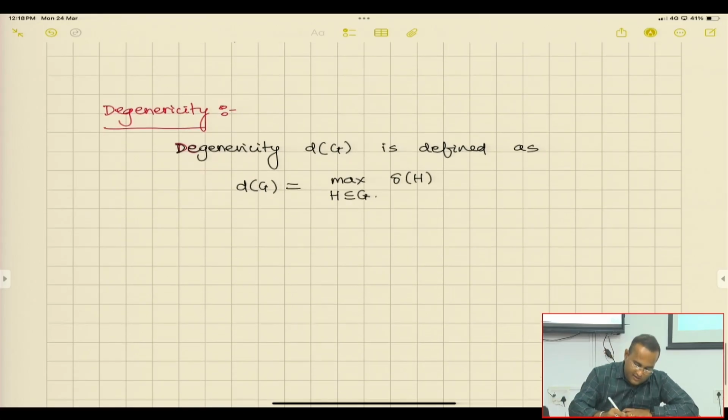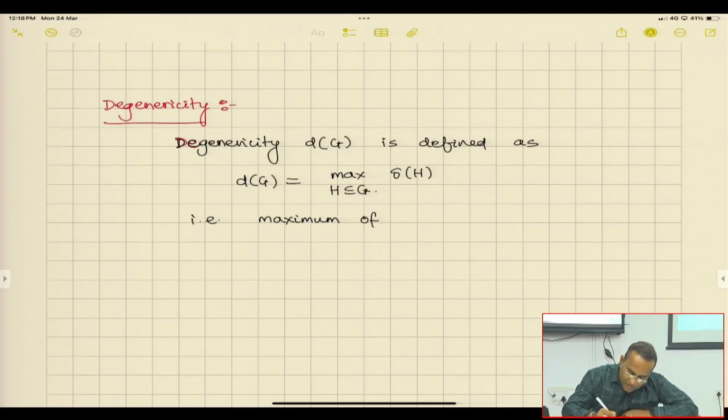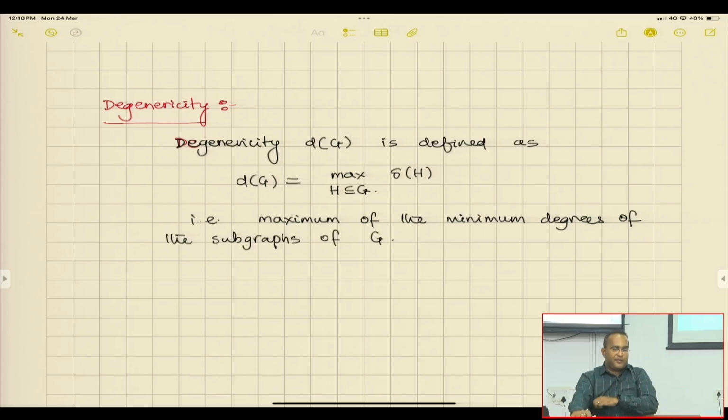It is basically the maximum of the minimum degrees of the subgraphs of G. Okay.